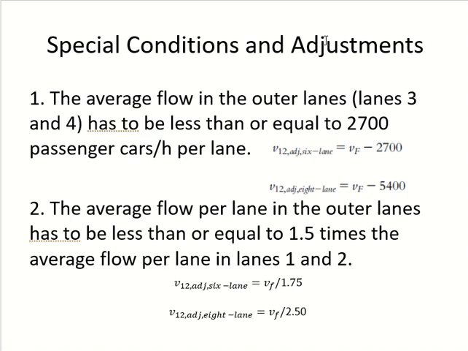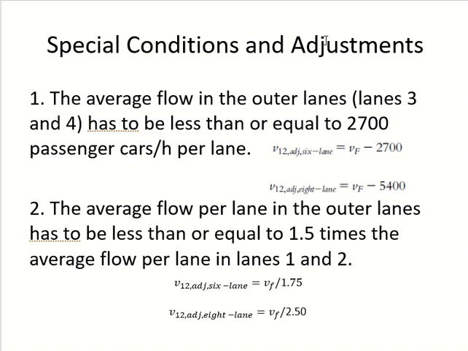the per lane volume of the outer lane. Let me give an example. Let's say you calculate the total flow was 4,000. You calculated V12 to be 3,000. So 3,000 is in the first 2 lanes.